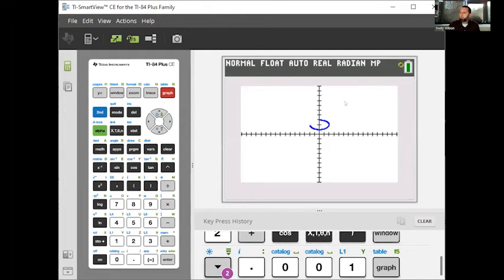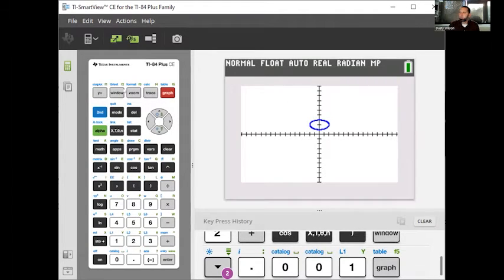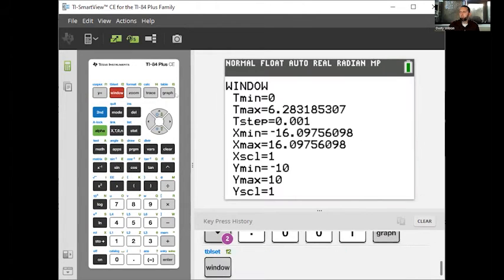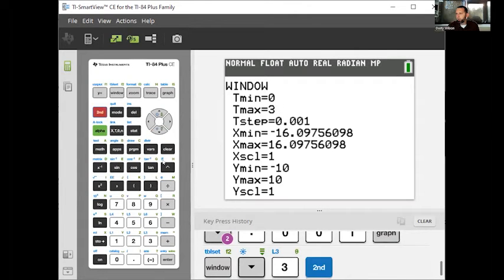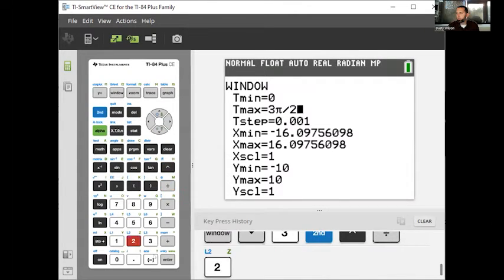The first thing I want to point out is that the curve sketching began up here at the top point, and then it was traversed clockwise instead of counterclockwise. Let's adjust our window to account for the t's that were given. So we want our t's to go from 0 to 3 pi divided by 2.